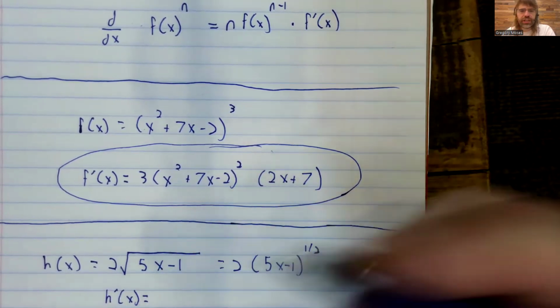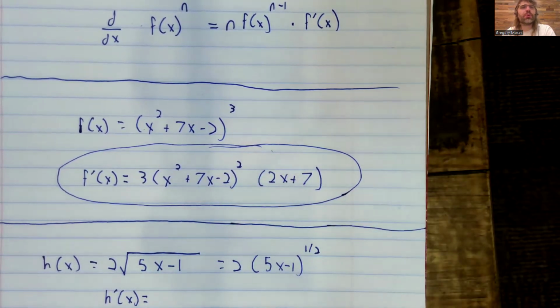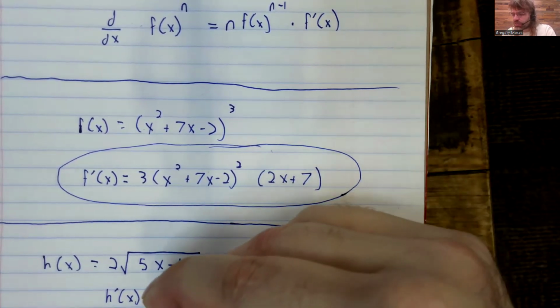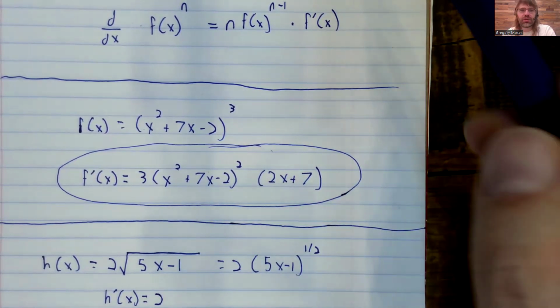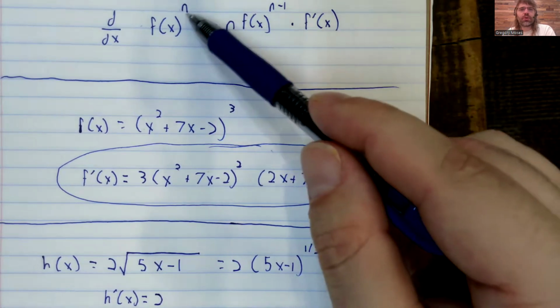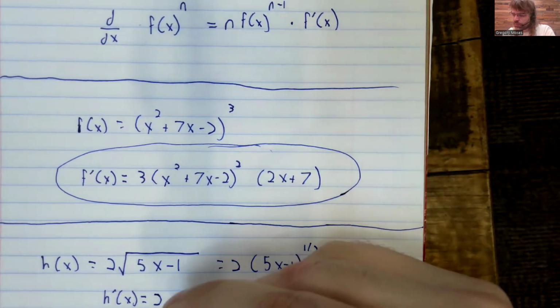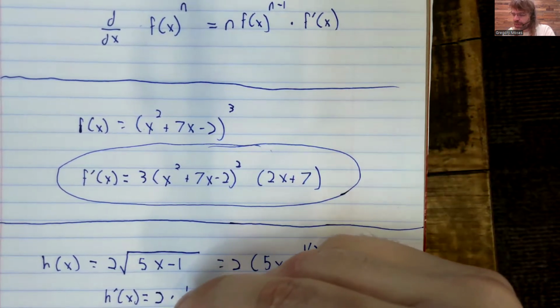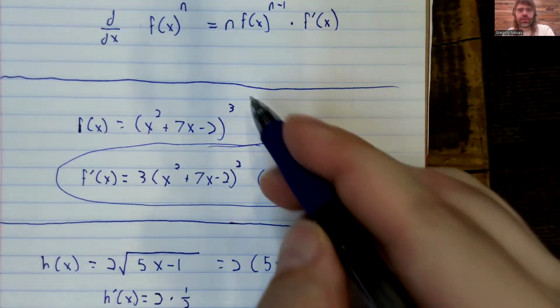Well, unrelated to the generalized power rule, but just how constants work, the 2 sticks around. So the 2 stays there. Then the generalized power rule. The power ought to come down. The 1/2 ought to come down.